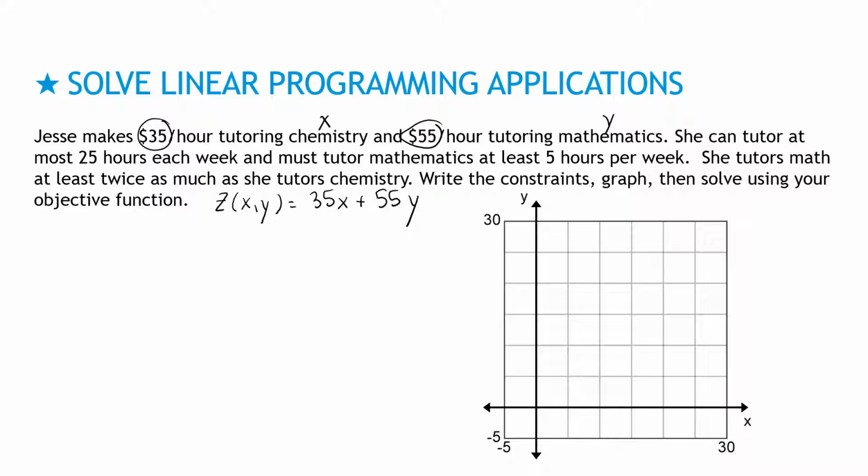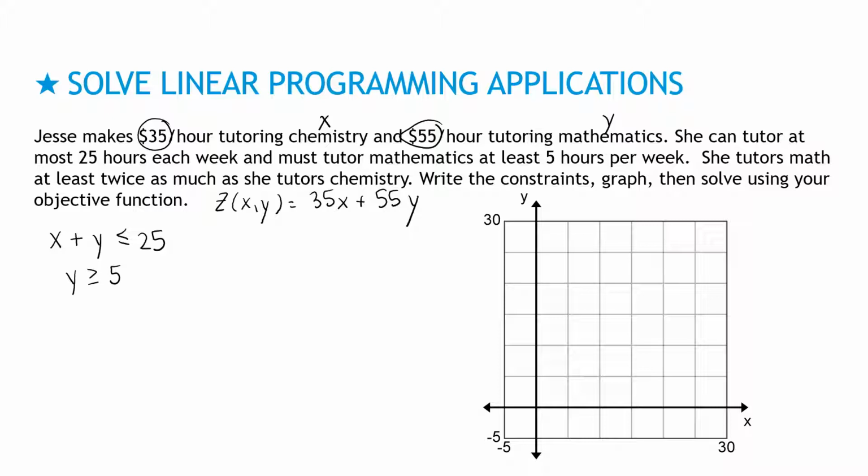Now I'm going to try to write my constraints. So let's take a look step by step. She can tutor at most 25 hours each week. So chemistry plus math less than or equal to 25. Must tutor at least math, which is Y, at least 5 hours per week. Y is greater than or equal to 5.